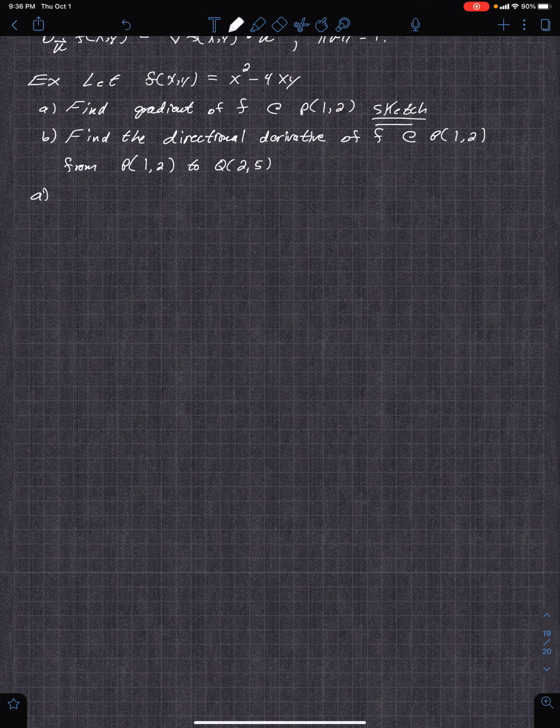So you can just start taking partials. So partial f_x is 2x minus 4y, and then partial f_y is just negative 4x.